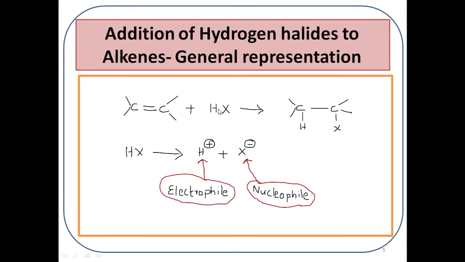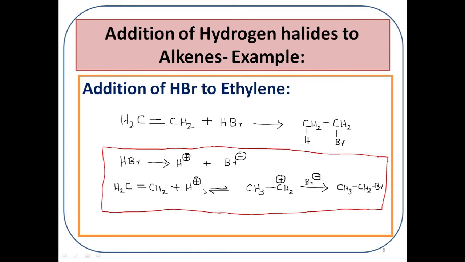But here, the hydrogen halide undergoes ionization to give H plus and halide ions. Here, H plus is the electrophile and X minus, that is the counter ion, is the nucleophile. However, the reaction will be initiated by the electrophile and hence it is an electrophilic addition reaction.